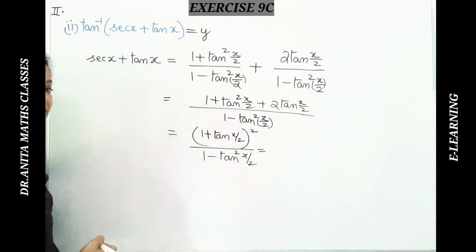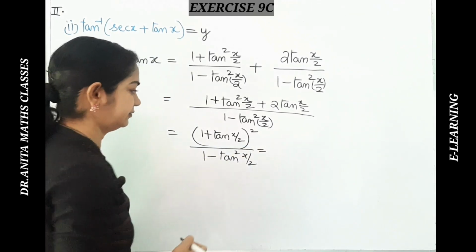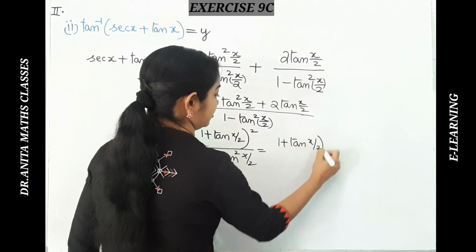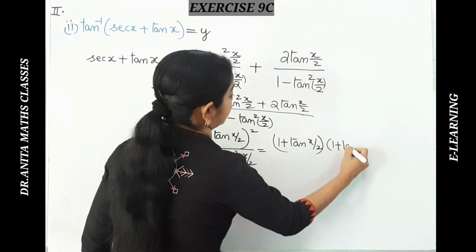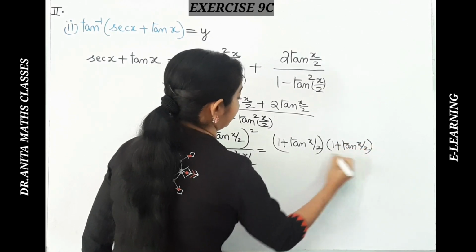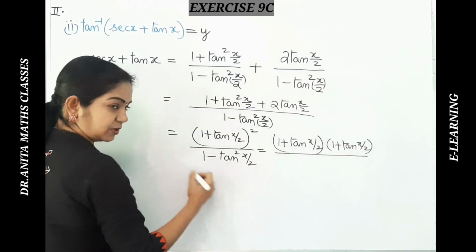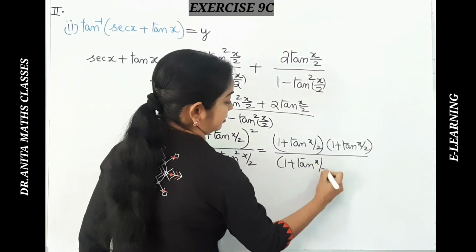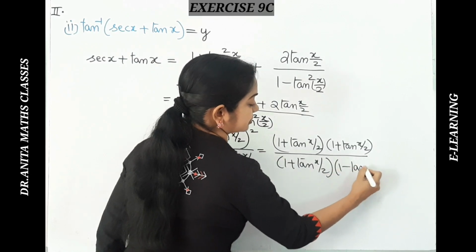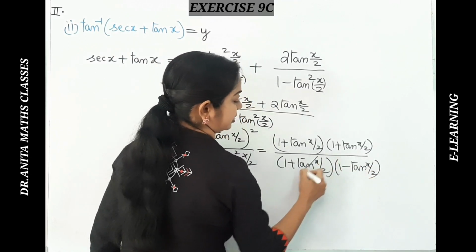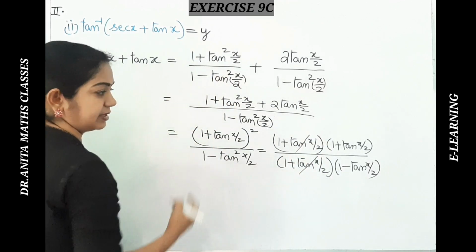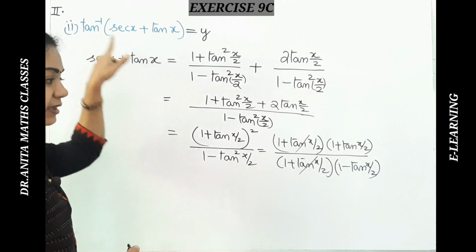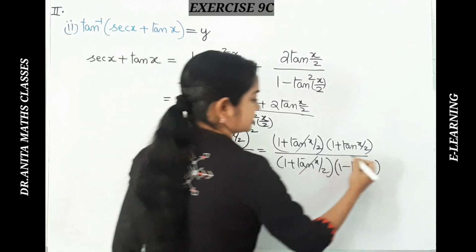The denominator is a square minus b square, so a plus b into a minus b. So you can cancel these two, and you get 1 plus tan x by 2 divided by 1 minus tan x by 2.